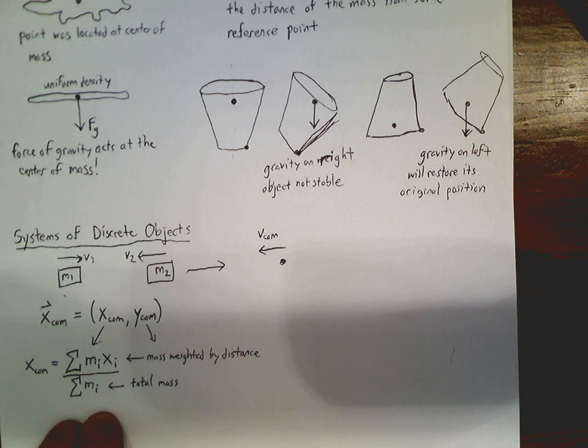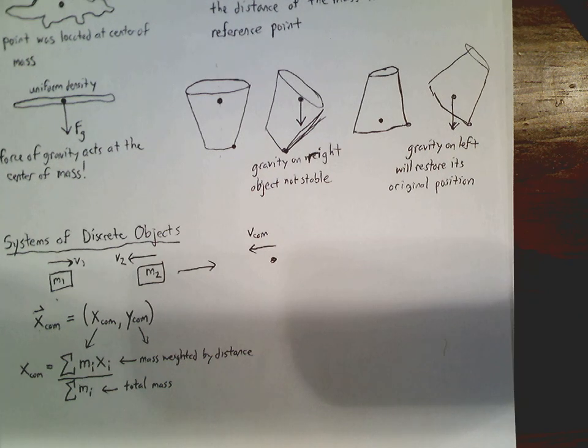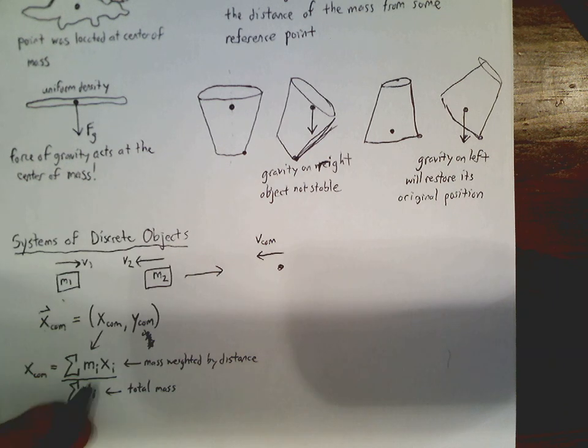It doesn't work that way. These are a bunch of terms added together, so they will not nicely cancel out. So to calculate the center of mass, you need to know where each object is and how much each object weighs, and then you calculate these sums and divide. The y center of mass proceeds exactly the same, but you replace all the x's with y's.